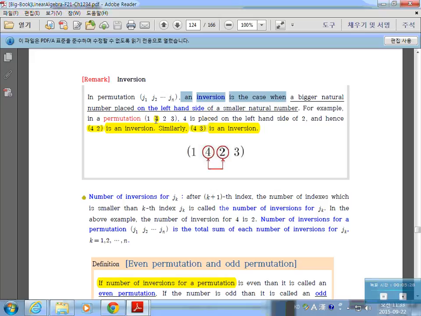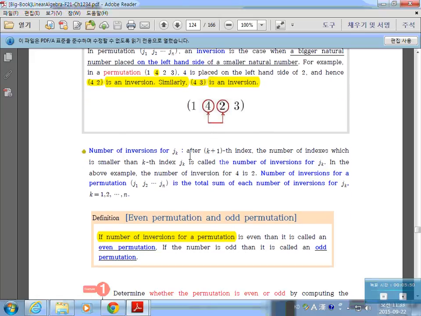Here, 4 is in front of 2, and 4 is in front of 3, which are smaller numbers. So 4 has how many? Two inversions, which are 4,2 and 4,3. Because if we swap once and twice, it will be 1, 2, 3, 4.